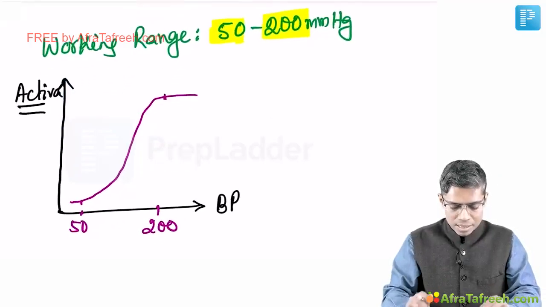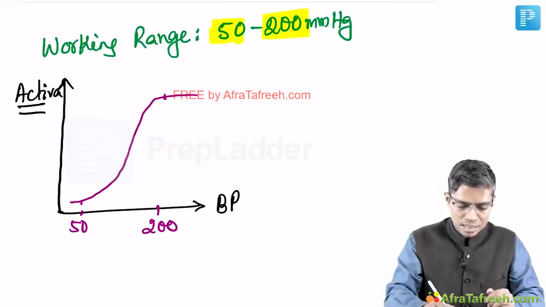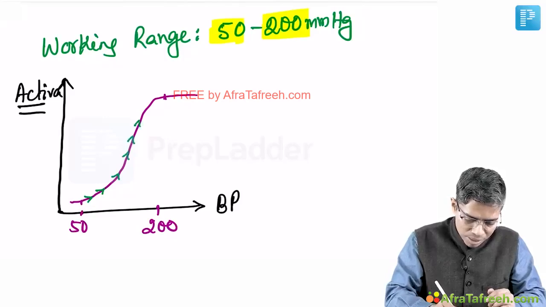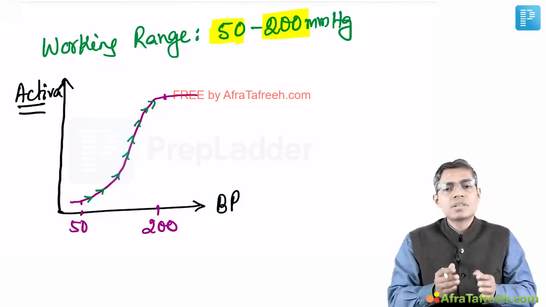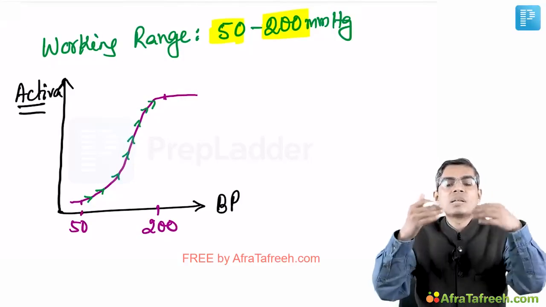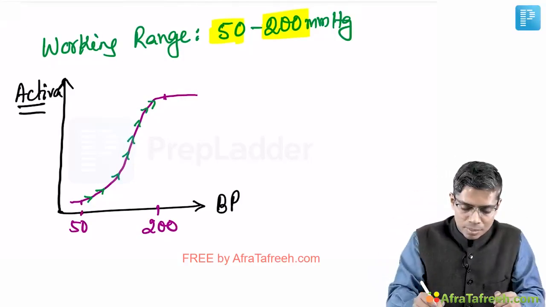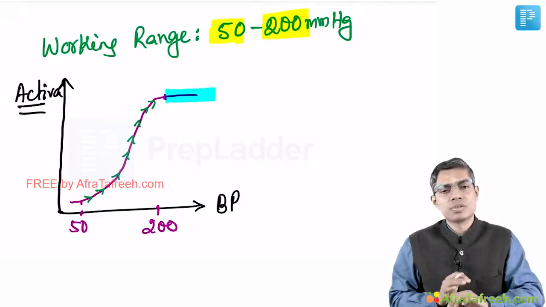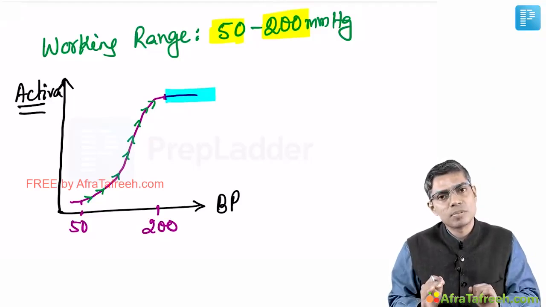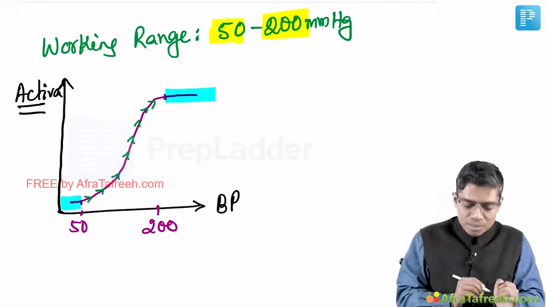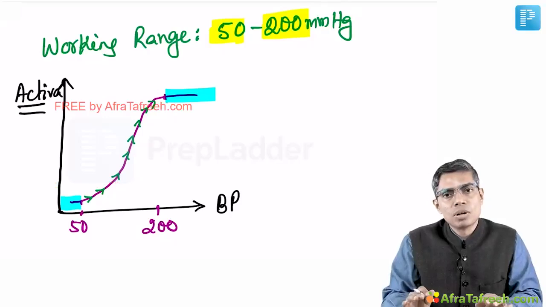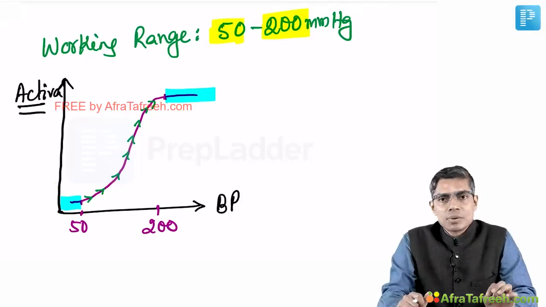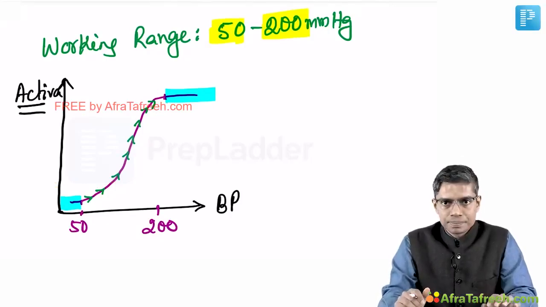So I can understand that if my blood pressure is changing from 50 millimeter of mercury towards 200 millimeter of mercury, the baroreceptor is going to be activated more and more. But whenever your blood pressure is more than 200 millimeter of mercury, the response is a plateau, means no further activation of the baroreceptor is possible. If the blood pressure is below 50 millimeter of mercury, the baroreceptor is almost or completely inactivated. This is the meaning of the baroreceptor activation curve.